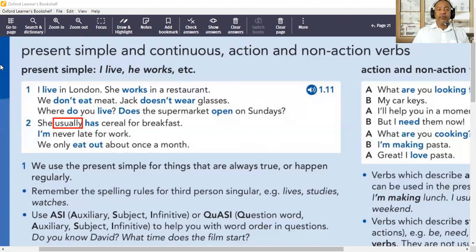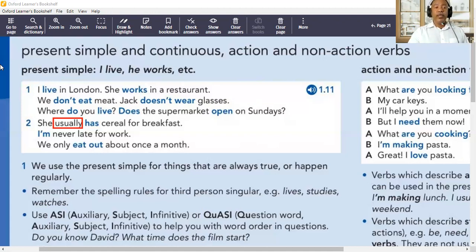She usually has serious. I always go to school by car. He never has breakfast in the morning, all right? So these adverbs come before regular, irregular verbs, okay?